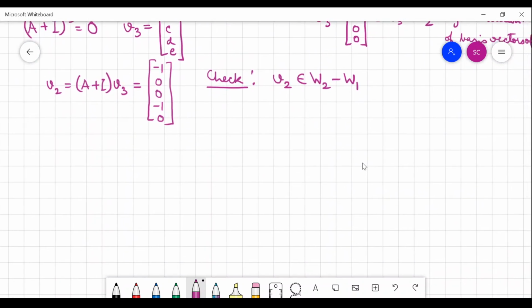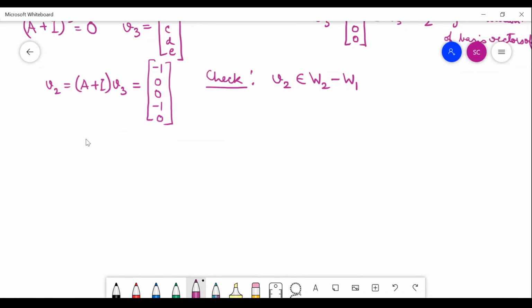So now you have to find out what is V1. So next step, you do V1 equals A plus I times V2. So you look at your A plus I matrix. You have to take the first column, multiply with -1.